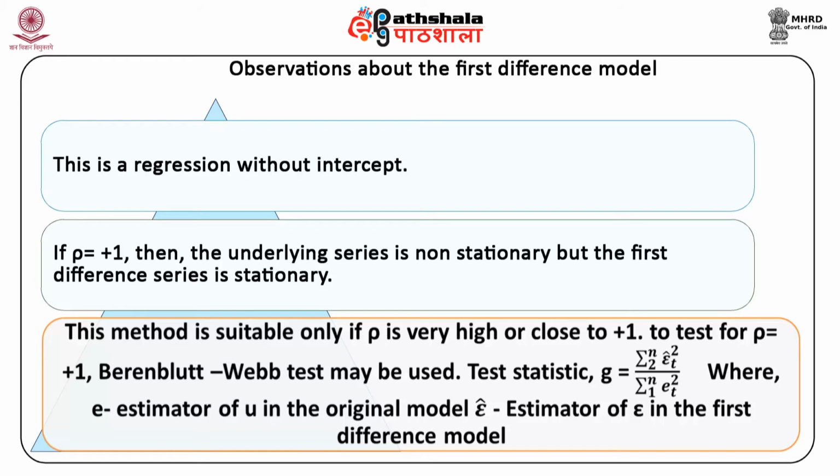To test for rho equal to plus 1, the Berenblutt-Webb test may be used. The test statistic is defined as g equal to the sum of epsilon t hat squared, where the sum is from 2 to n, divided by the sum of e t squared, where the sum is from 1 to n. e is the estimator of u in the original model, and epsilon hat is the estimator of epsilon in the first difference model.